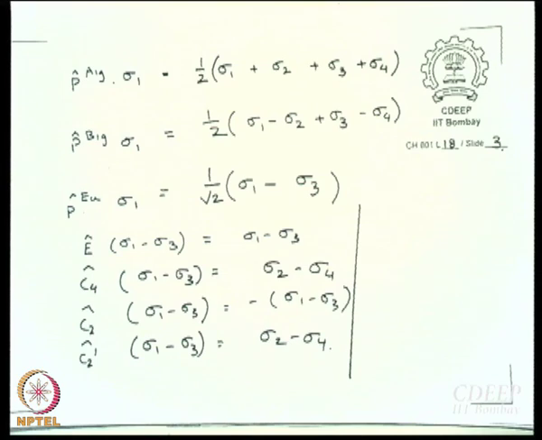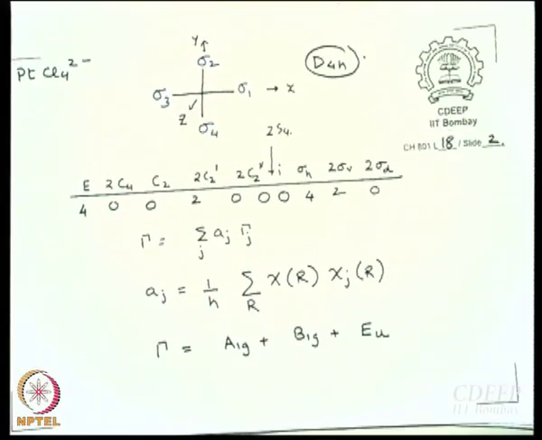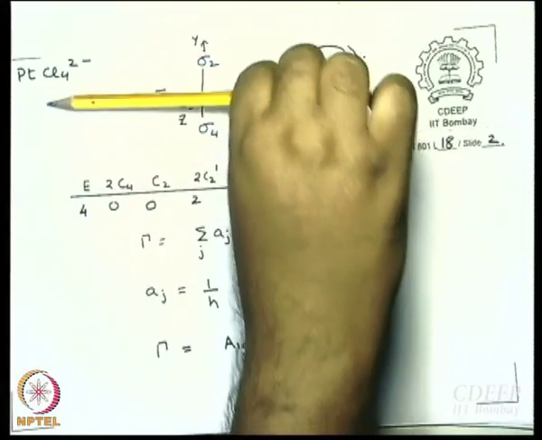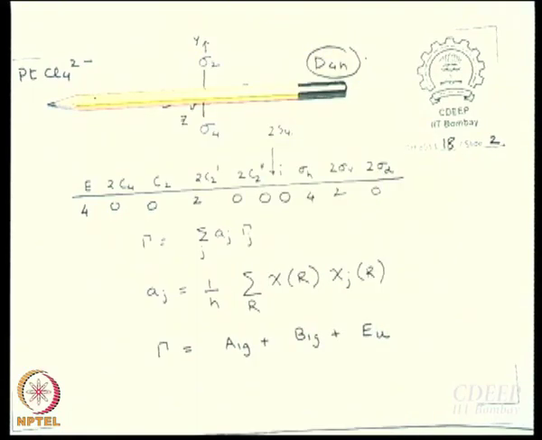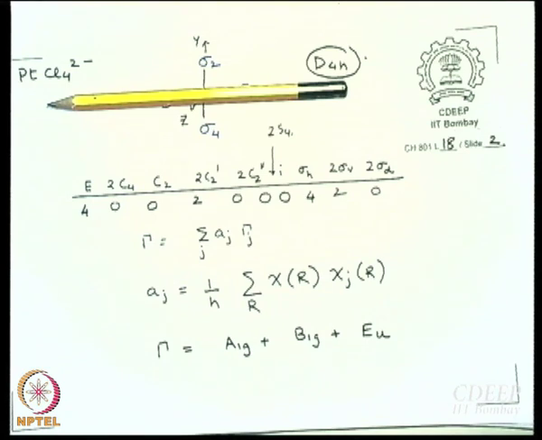C2 double dash, C2 dash, huh? Which one is C2 dash? This. So C2 dash should give me what? This is one C2 dash, that will give me sigma 1 minus sigma 3. What about this C2 dash?